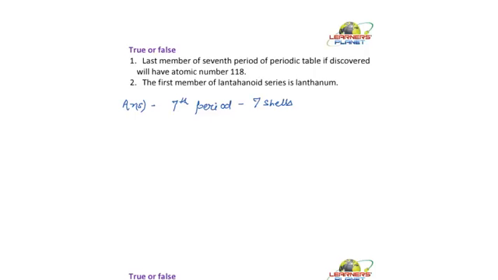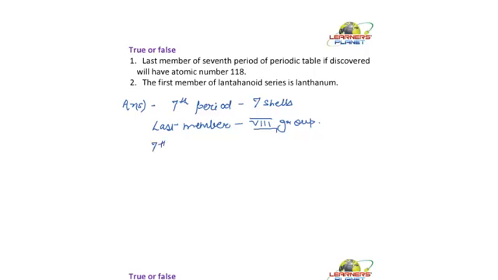Right? Now, the last member of the 7th period, it means to which group will this last member belong? It will be present in the 8th group. Now, there are 7 shells. Let's arrange the electrons in these shells.